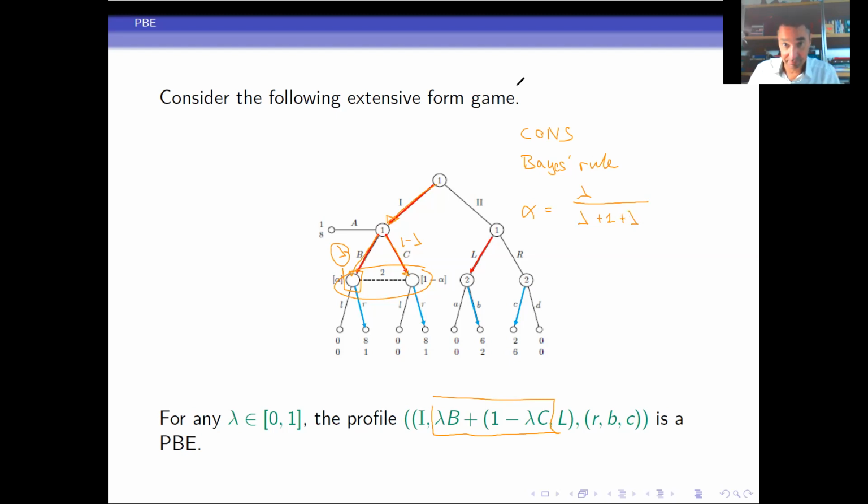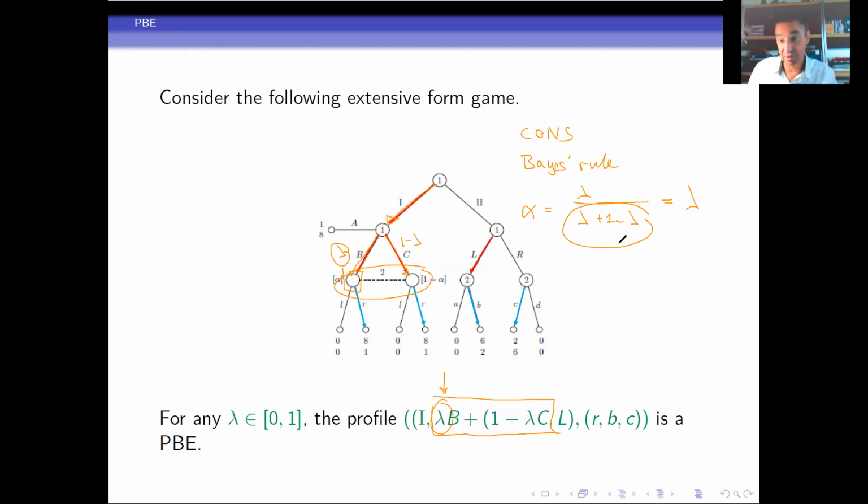Oh, lambda plus 1 minus lambda, which is lambda. So any alpha is possible, but it is dictated by the probability that player 1 is using for his choice of B or C. And also here, of course, in this case, this is easy, but also if this would be a probability that is less than 1, you can still apply Bayes' rule.